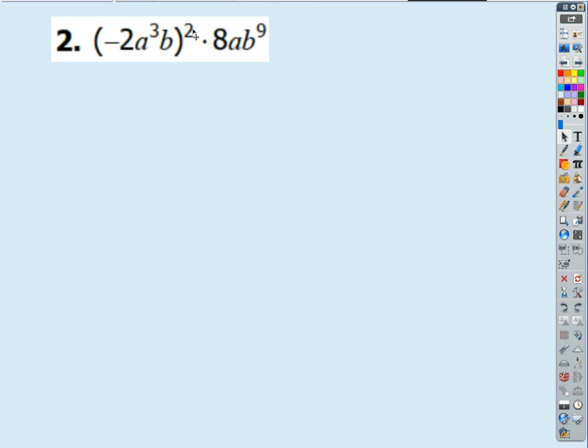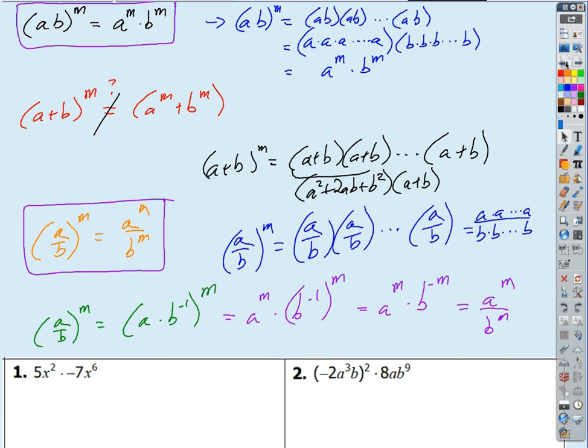Power of a product. So what can I do? As long as the things in here are being multiplied, what did we effectively do over here when we applied this property? It's almost like we distributed, right? We didn't technically distribute, but it's almost like we distributed the power to each of the factors. We can think of it that way, right? As long as they're being multiplied, I know I'm going to get each one of those separately to the M power.